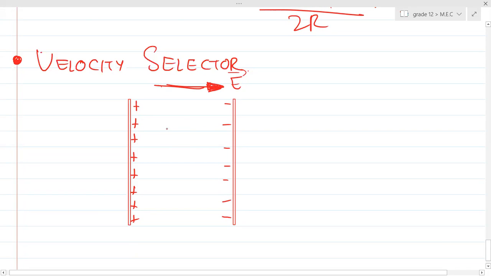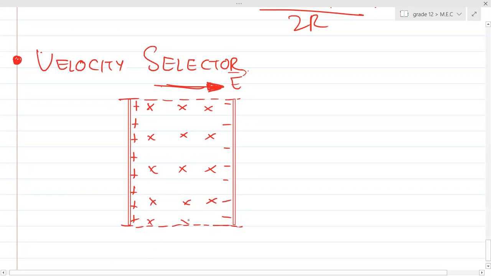See the instrument very carefully. I have taken two plates which I have given equal and opposite charge, because an electric field is created in space. Inside the plates, let's say I have created a magnetic field like this.